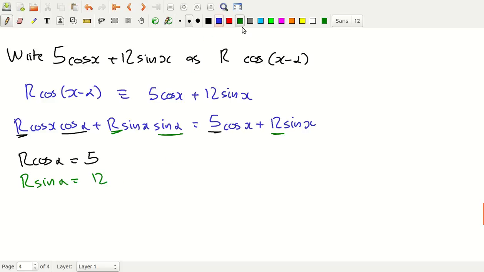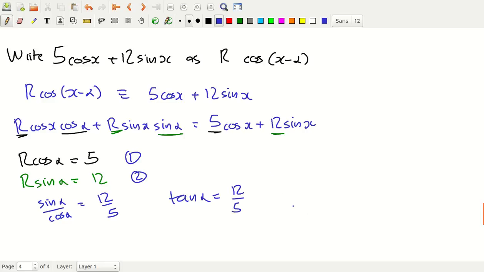Now in the previous video we mentioned that you can think of this as giving you information about a triangle if you're into geometry. Alternatively, if you label these equations 1 and 2, if I do equation 2 divided by equation 1, I immediately get sin alpha over cos alpha equals 12 over 5. I've just managed to get rid of the r's here, and that simplifies to tan alpha is 12 over 5.